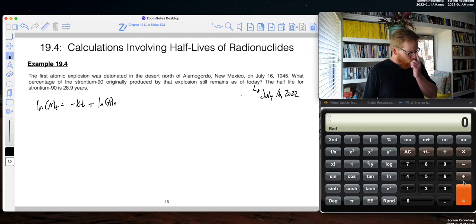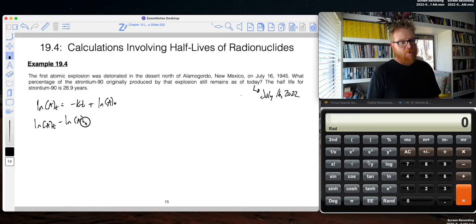And we are going to solve for this ratio right here, as I'll show you in a moment. Okay. So I can rearrange this equation in the following way. So I'm going to combine the logs over here. I'm going to say natural log of A at time t minus natural log of A0 equals negative kt.